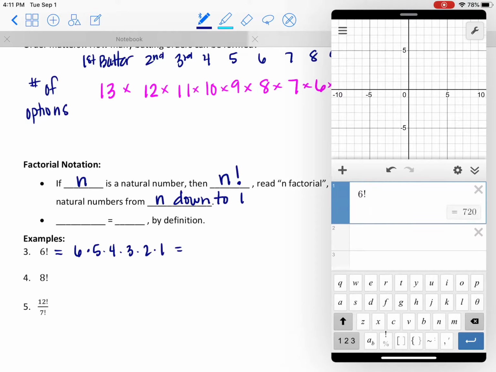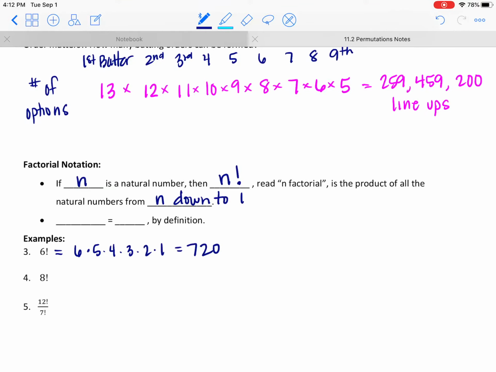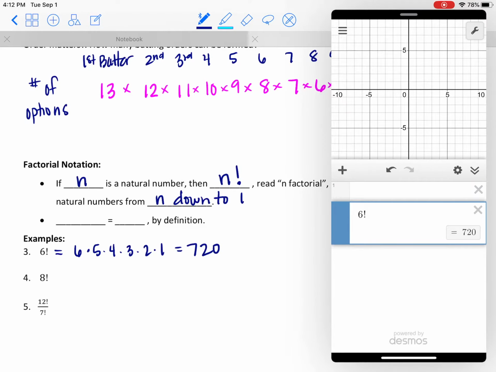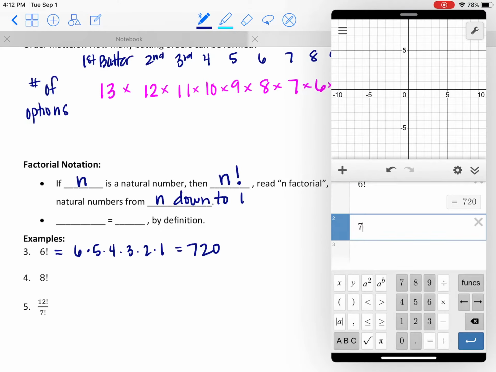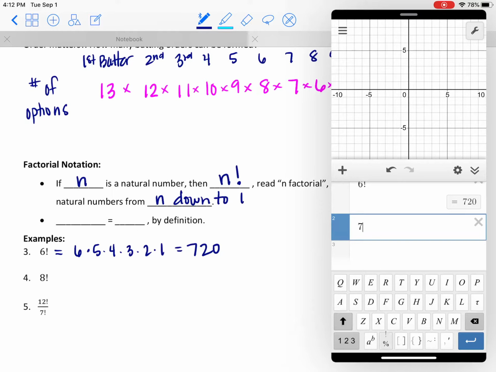I have to shift and get it, because my keyboard is shrunk there, it's on top of the percent. Okay, so 6 factorial is 720. And just to show you, if I typed in 7 factorial, that's what we used earlier. 7, and then shift.